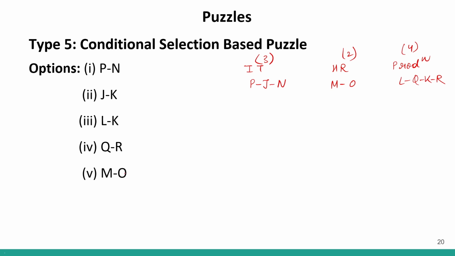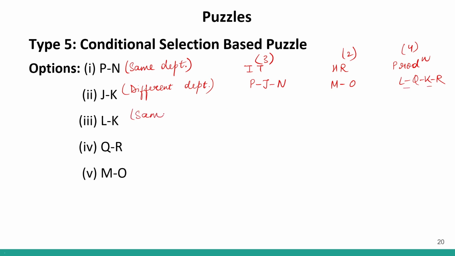We have to identify which is different. So P and N, I can say they belong to the same department, correct? They belong to the same department. Okay. Then J and K belong to different departments. L and K belong to the same department.